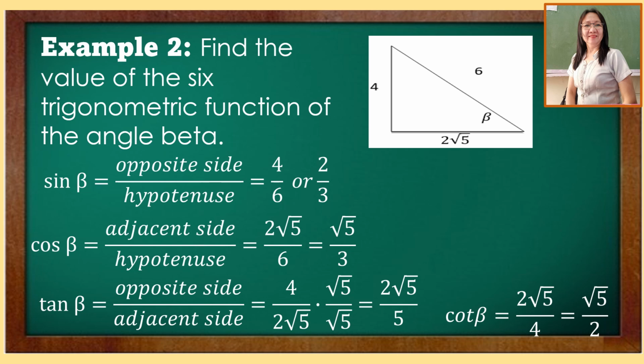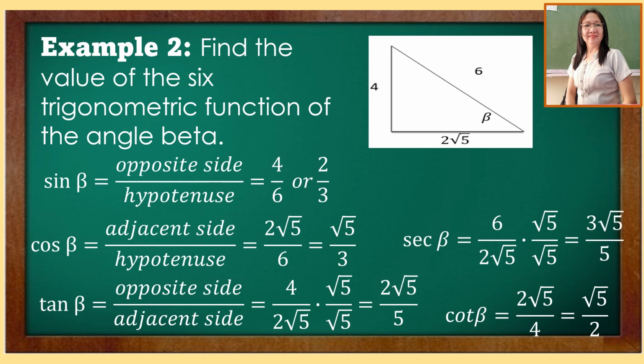Then, the reciprocal of cosine beta is secant beta, wherein the value will be the hypotenuse 6 over the adjacent 2 square root of 5. Then rationalize by multiplying by square root of 5 over the square root of 5. So 6 over 2 is equal to 3, times the square root of 5, over the square root of 5 times the square root of 5, which is the square root of 25, or simply 5.